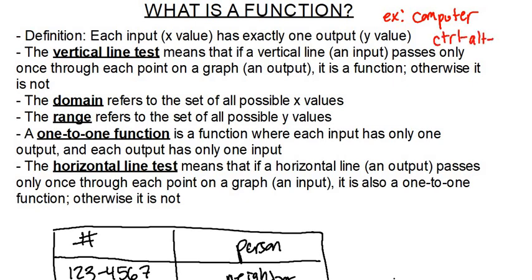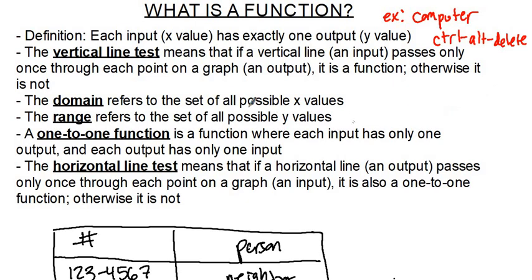That's an input that you can put into your computer, and the output might be something like your computer restarts or you pull up the task manager. Okay, another input might be that you press the enter key, and an output might be that a program opens. So that's what we mean by input and output. Input is something that you do, output is something that occurs as a result of your action.